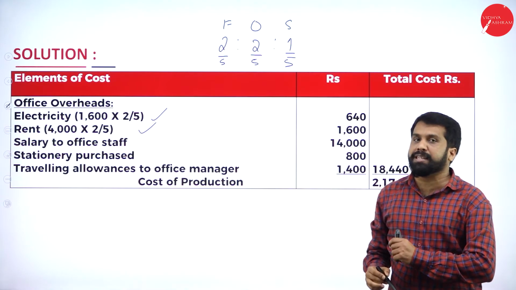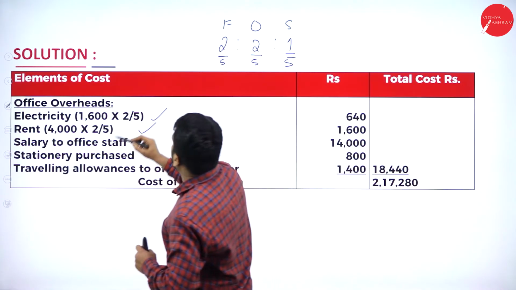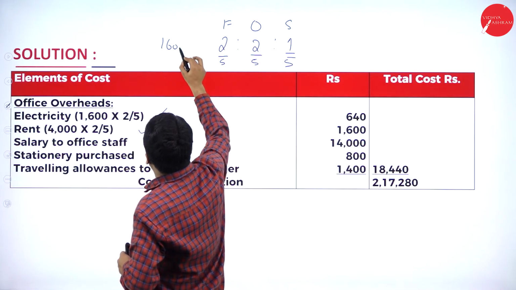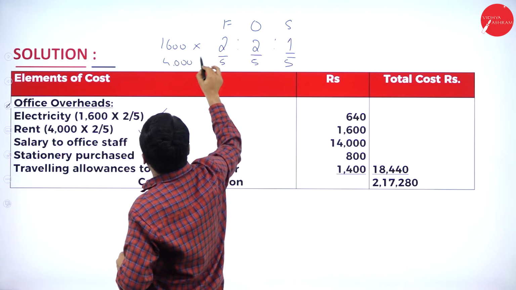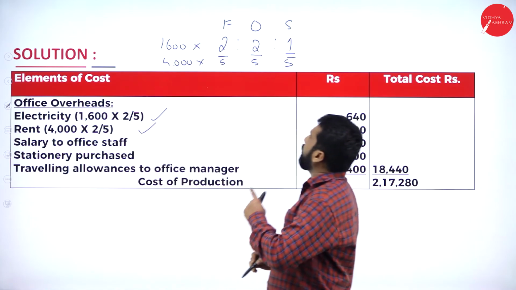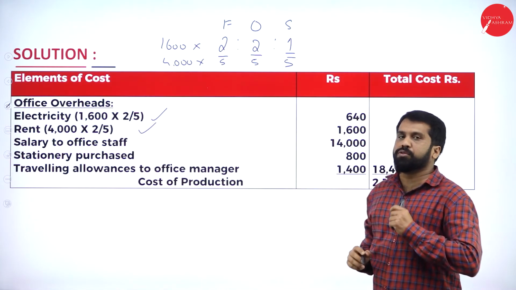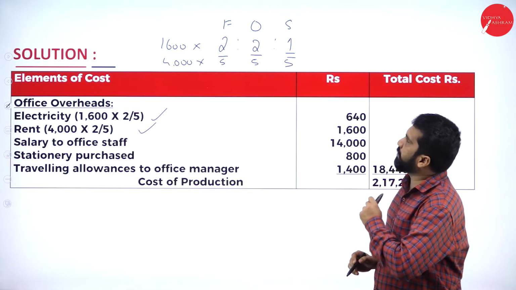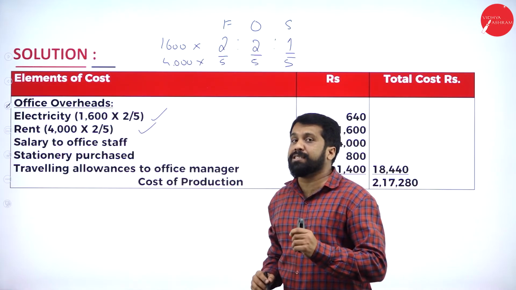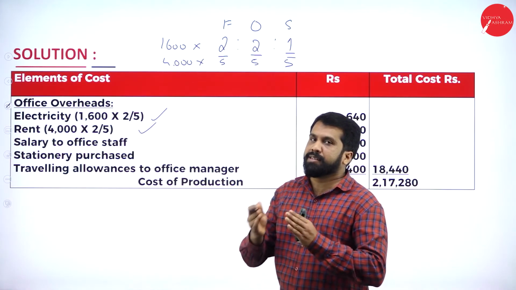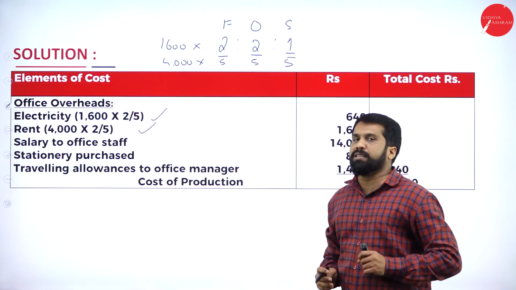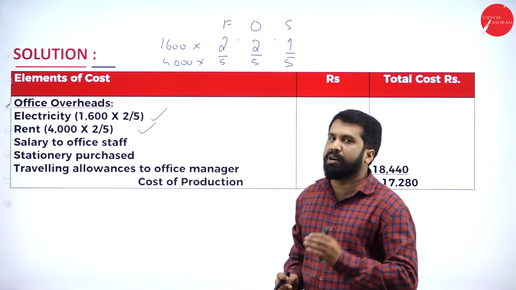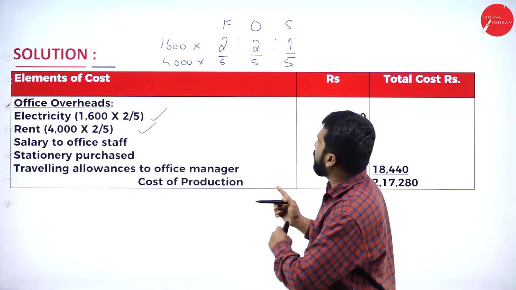Whatever amount is given, like they have given 1600 and 4000, this has to be multiplied. 1600 into 2 by 5, 1600 into 2 by 5, 1600 into 1 by 5. Similarly, 4000 into 2 by 5, 4000 into 2 by 5, and the last one 4000 into 1 by 5.